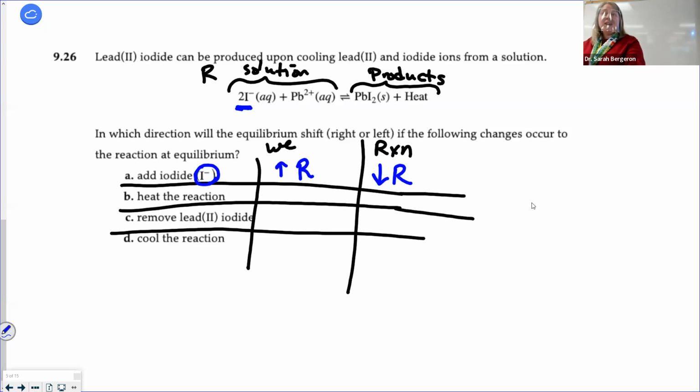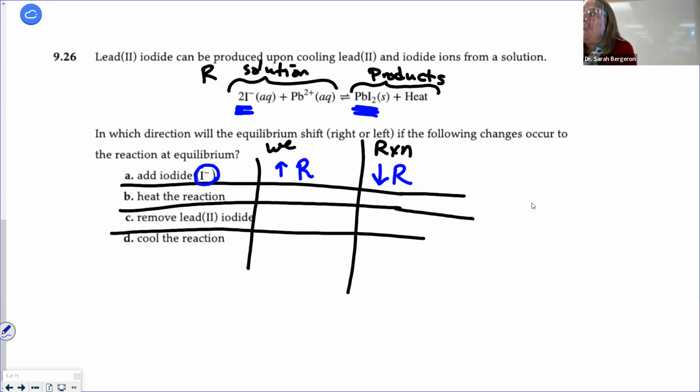We increased reactants. So we put more iodide ion in. So what's the reaction going to do? The reaction is going to use up that iodide, and it's going to make what? It's going to make more product. So the question asks us, in which direction will the equilibrium shift? Will it shift left or will it shift right?